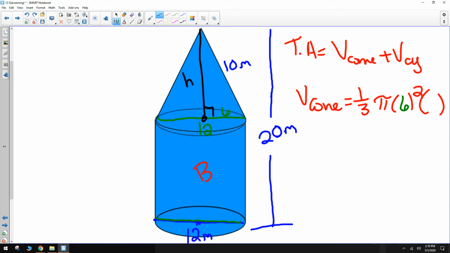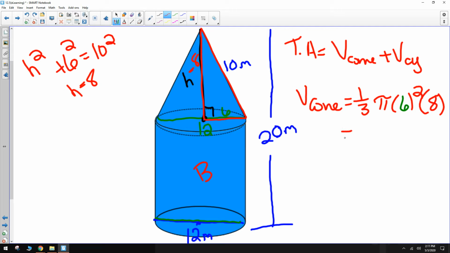This is the height, and so now I have a right triangle here if I use the slant height, and I can use Pythagorean theorem to find, oops, that 6 should be squared, to find the height. Okay, so the height is 8. All right, so then I multiply that together, and I divide by 3, and I get 96 pi.